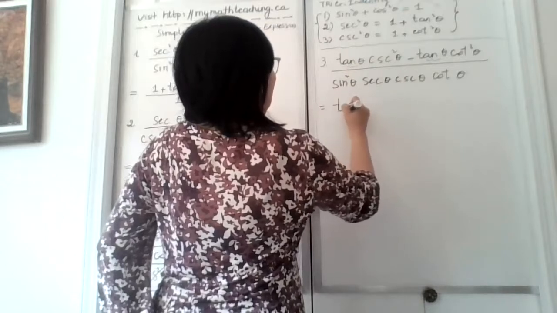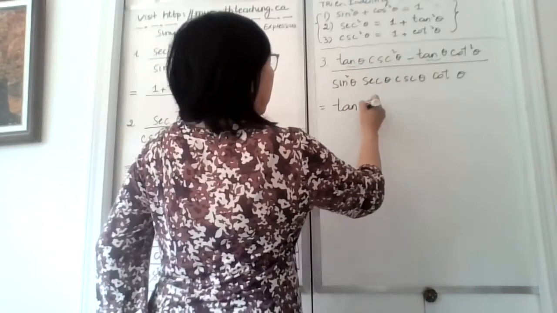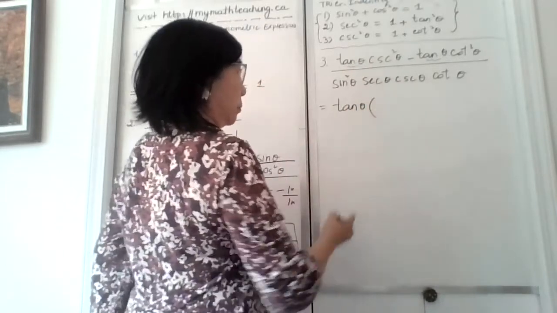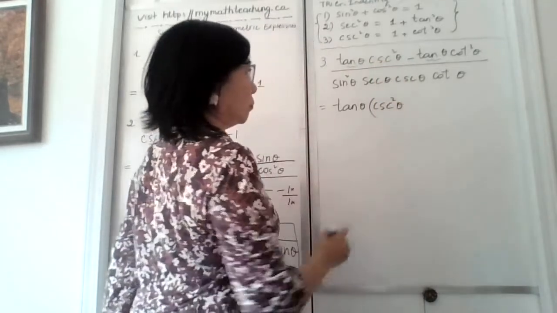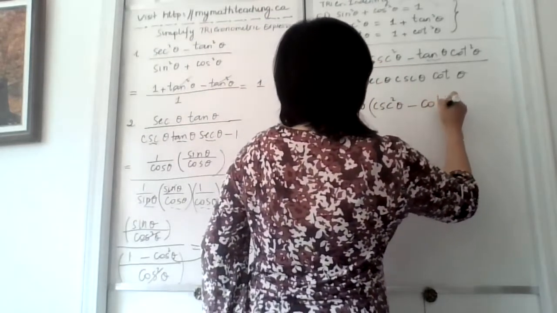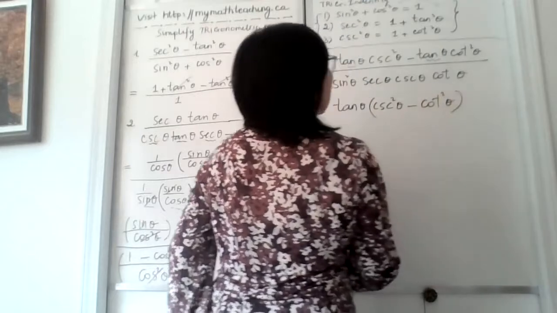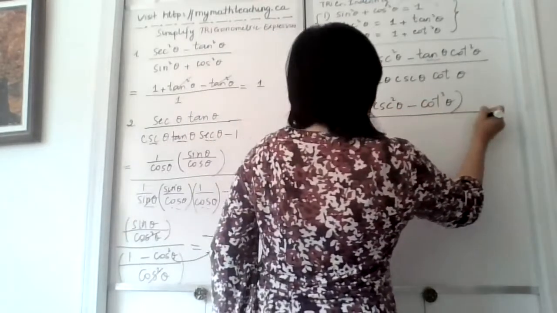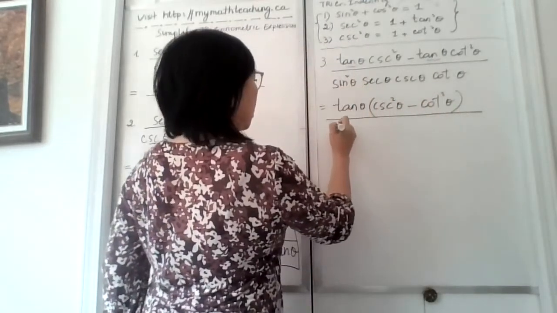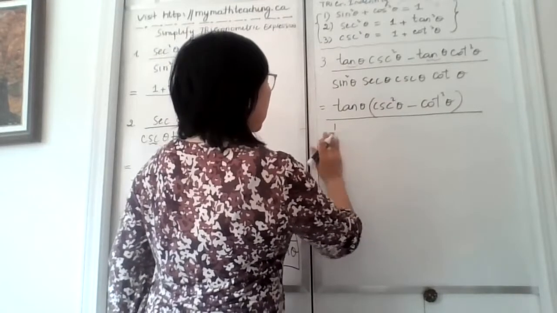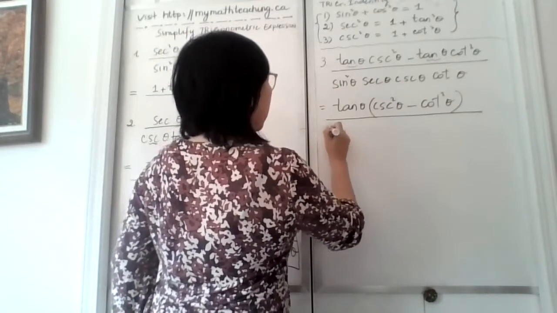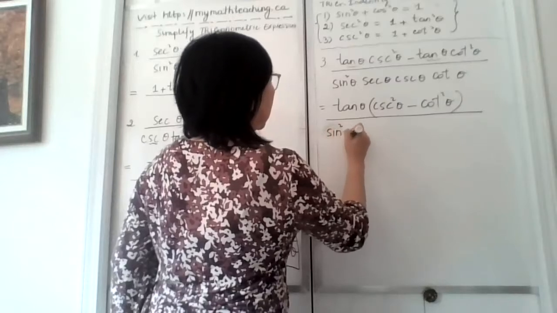So this will be equal to the top: I will take out the tan theta as a common factor. Inside, I have cosecant square theta minus cos square theta. And underneath here, it's okay because that is sine square theta, so just leave it.